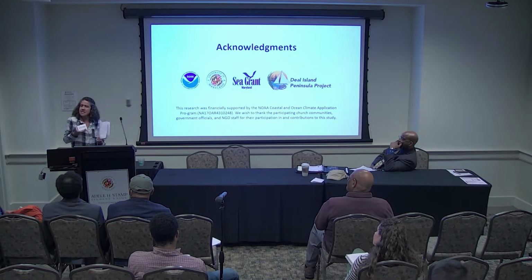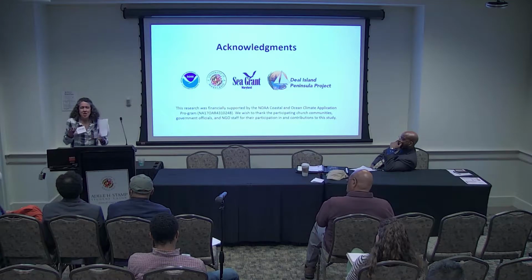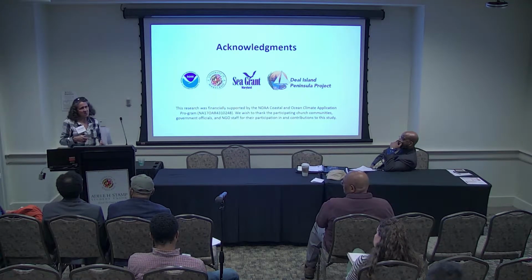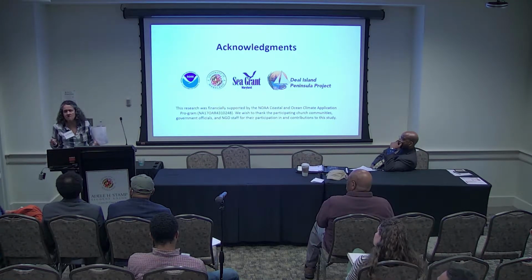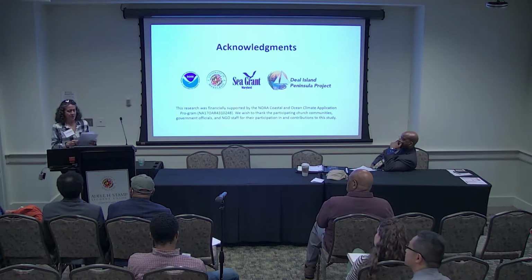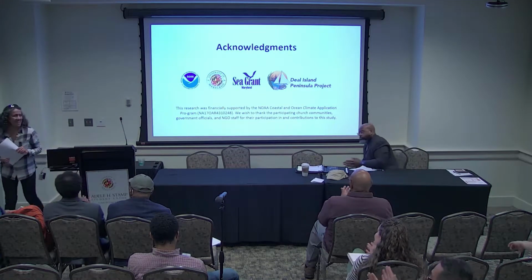So they are forgotten. People don't hear about it on the Eastern Shore. They flood. They're second only to Louisiana in loss of land due to sea level rise. But people don't hear about it because they're rural, they are poor, so we're trying to bring some light to it. Thank you.